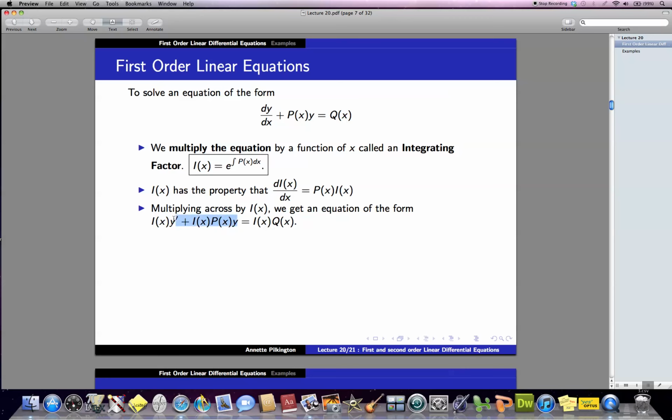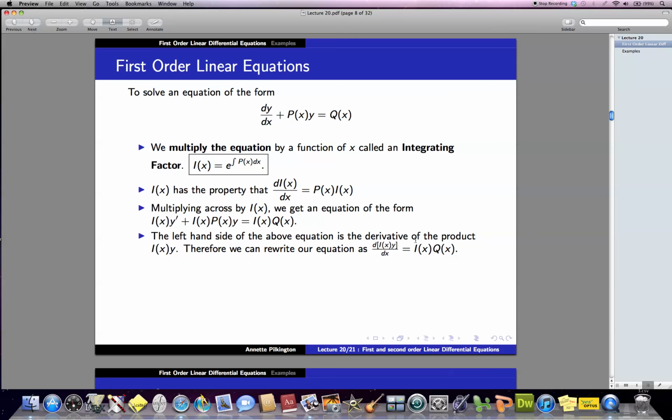Now the left-hand side of this equation should remind you of the product rule from Calc 1. Here we have a function times the derivative of y plus the derivative of that function times y, and that is the derivative of the function I(x) times y.